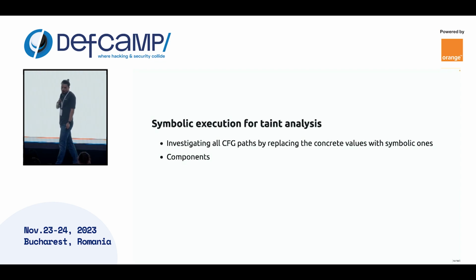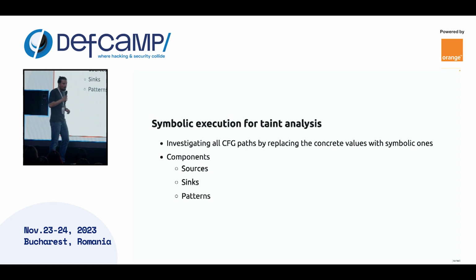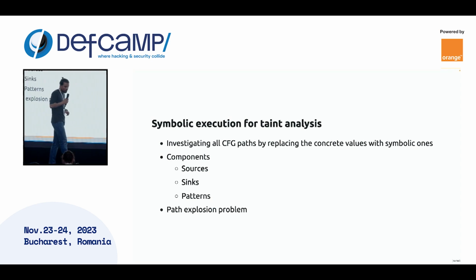Here are multiple components. We can have sources, namely some sources on which an attacker can inject some data. We have sinks, namely some functions which are sensitive security-wise, and some patterns, so a link between the sources and the sinks. This technique will have a problem, namely path explosion.